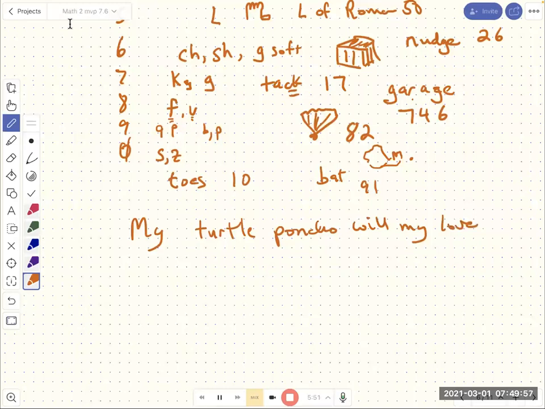So we say my is a 3, turtle 1, tur 4, turtle 1, 5, poncho 9, n 2, 6. Will, so the will doesn't make anything, so it's just a 5, 3, 5, the 8.